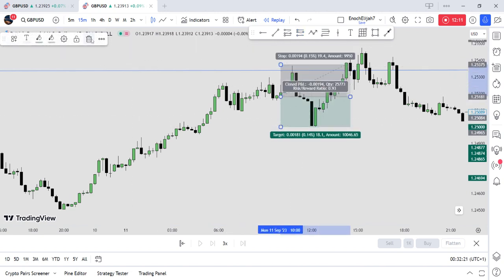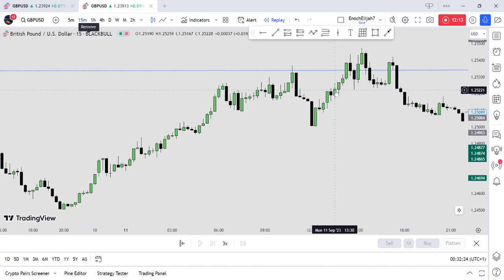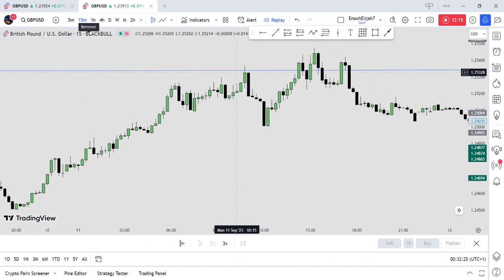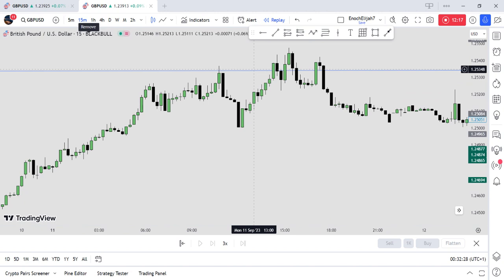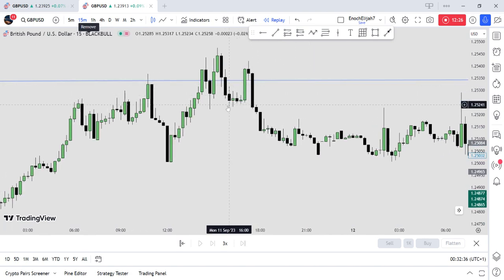But price never respected that entry. Price took out that entry, stop loss, made a higher high. The structure break here would have been another entry to take, but it was already out of the key zone and price never retested it again.